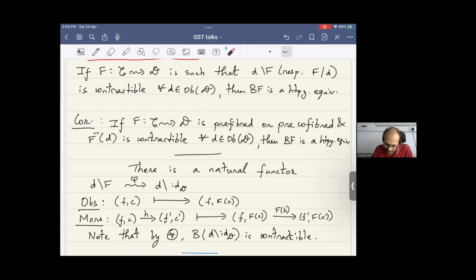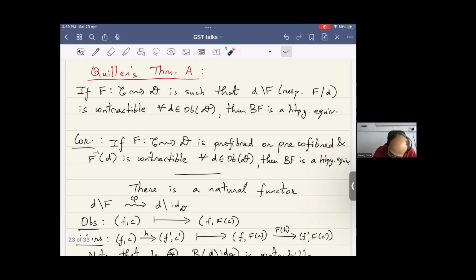Okay, so here's the statement of Quillen's theorem A. Quillen's theorem A states that if you have a functor from C to D, and if these comma categories are all contractible, then this is a homotopy equivalence. Okay, that's the statement.